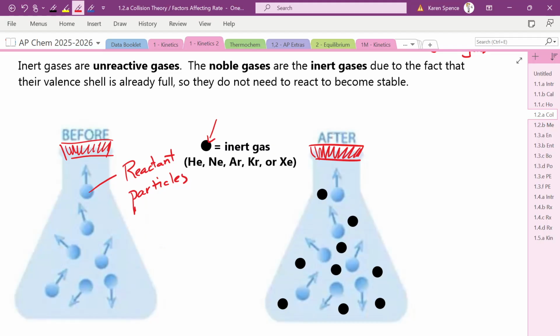When we add the inert gas, what has happened to the pressure? It goes up. Overall pressure increases. What happens to the number of collisions between reactant particles? Stays the same. BW means between.